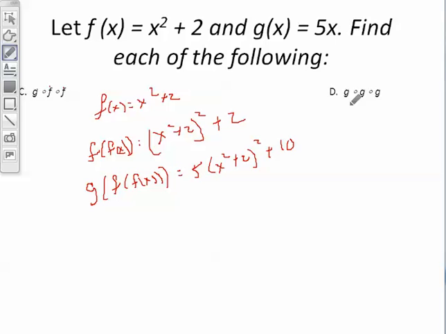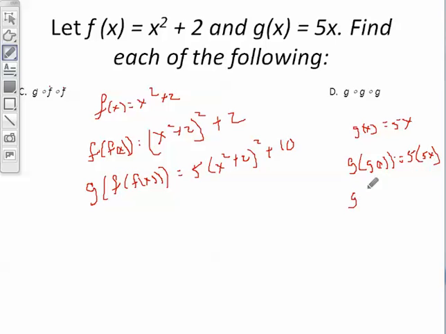Let's look at this one, g of g of x. Wow, okay. So what are we going to do there? We're going to say, well, g of x equals 5x. So g of g of x is going to be equal to 5 times 5x.